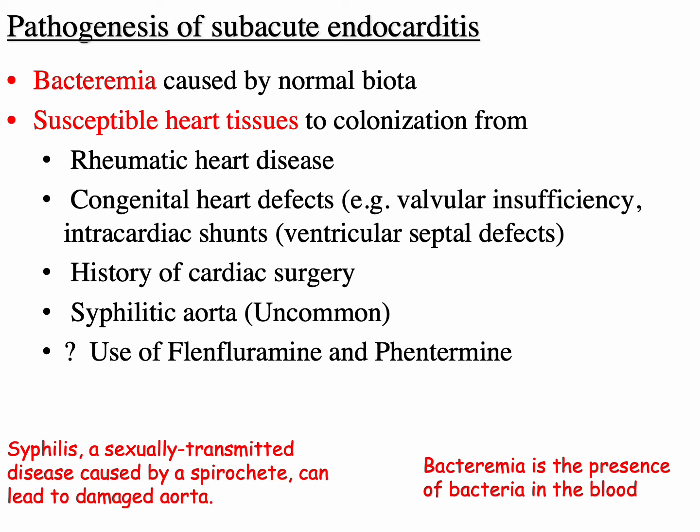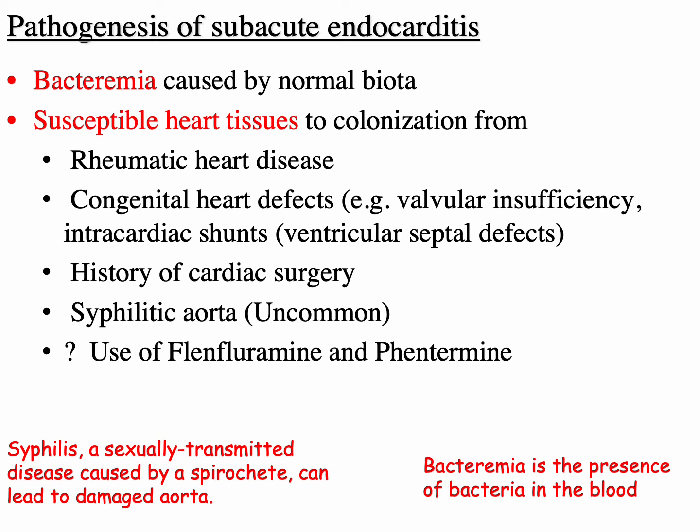The pathogenesis of subacute endocarditis depends on two factors. One is bacteremia, and the second is susceptible heart tissue. Bacteremia is the presence of bacteria in the blood. This happens all the time in humans.